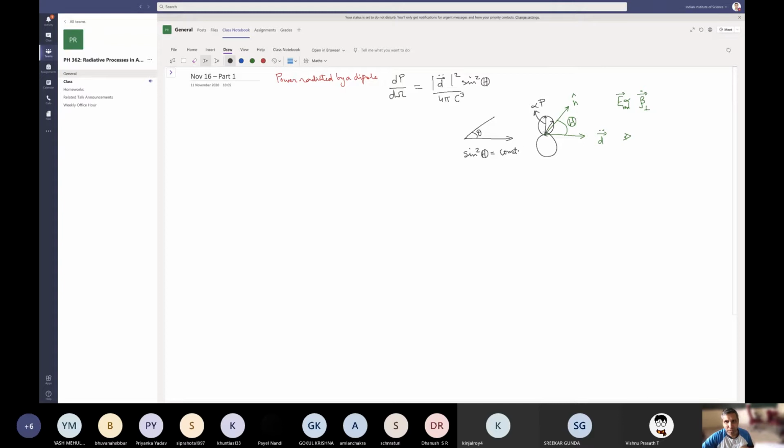So this is your power equals some constant times sine square theta. If you want to draw this as a function of, this is actually capital theta.